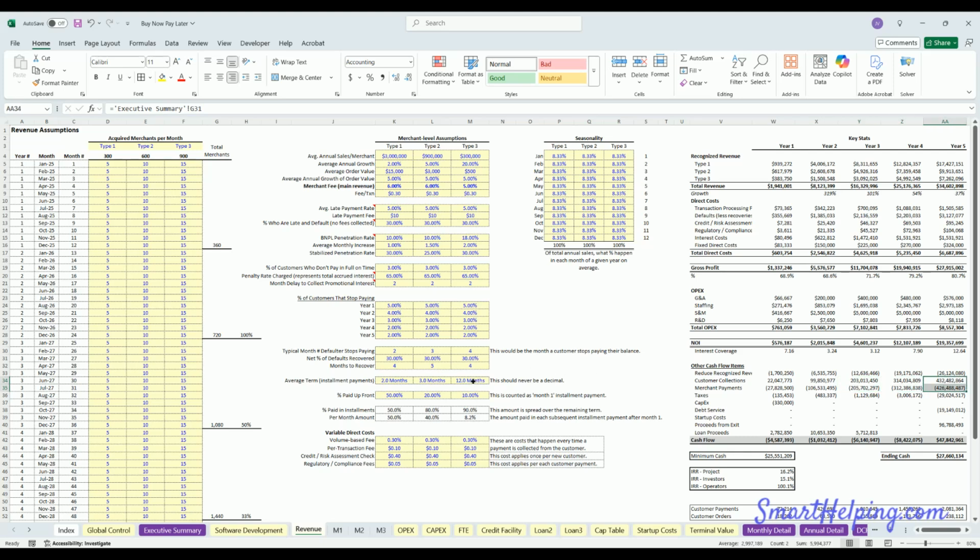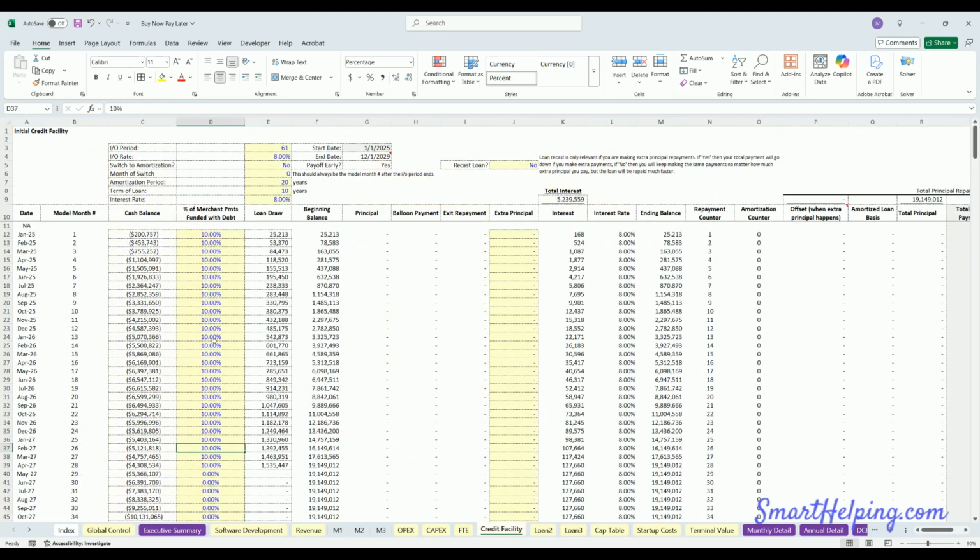And you'll see these terms here, the average installment period, is going to dramatically affect the minimum cash you need. It's going to dramatically affect how much of your credit facility you're going to need if you're going to borrow money to pay. When you have to pay that merchant up front, you're going to need a lot of cash flow up front to make those merchant payments. Depending on how long it takes you to collect money from the customer, there's going to be a big swing in how much cash you need and in the interest expense.